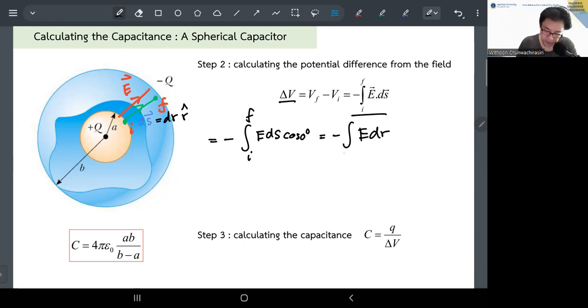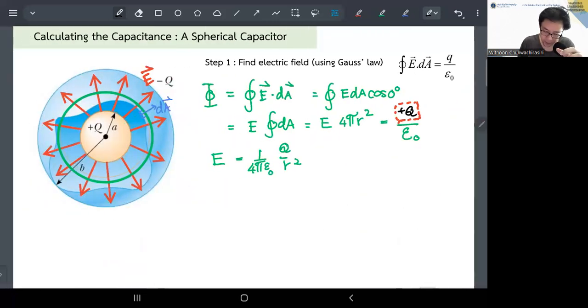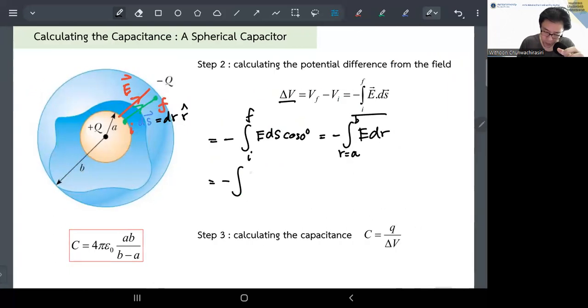Now I can start from radius r equal to a, the radius of the inner ball, to b, the outer shell. The electric field came from step number one, so it's 1 over 4 pi epsilon naught, Q over r squared, dr from a to b. Isn't that cool? Everything is in terms of the variable r.